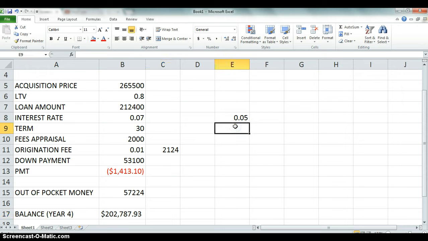Now we're going to do the calculations for the second loan to be able to compare it to the first loan. So for interest rate, we already said 5% for the term, 30 years.